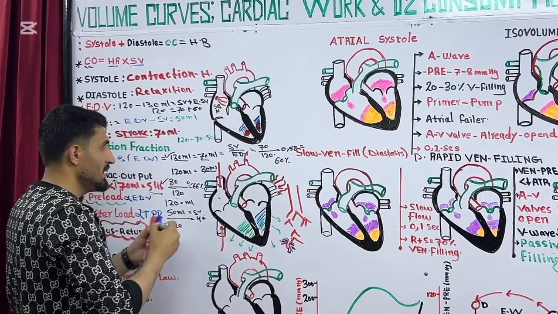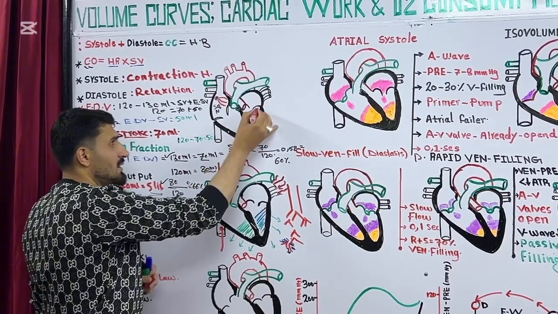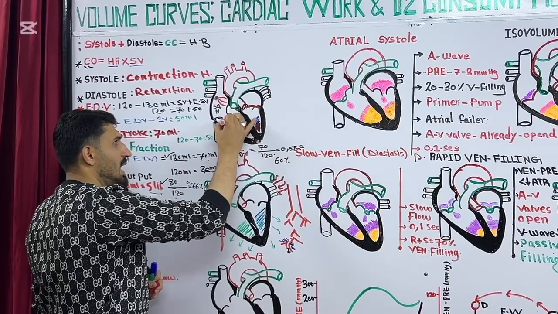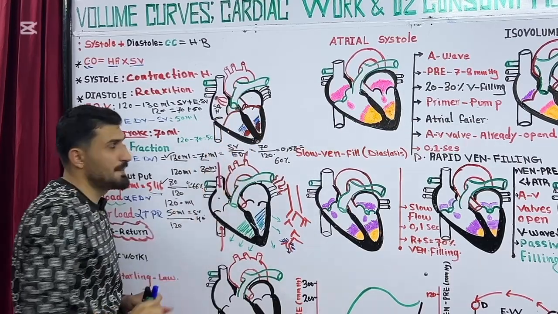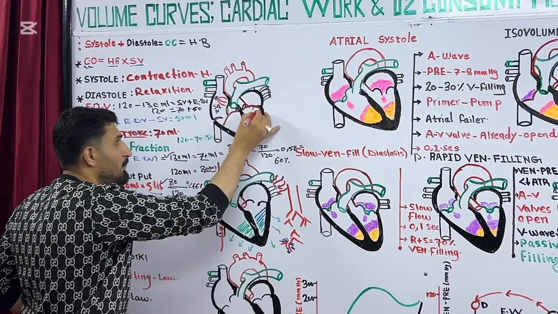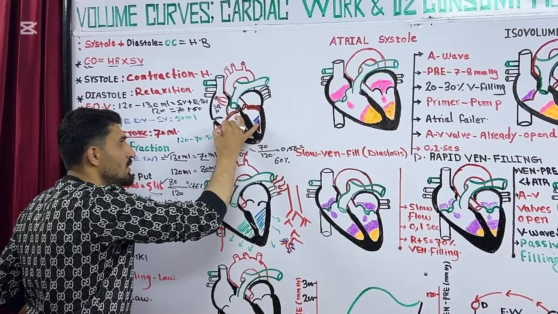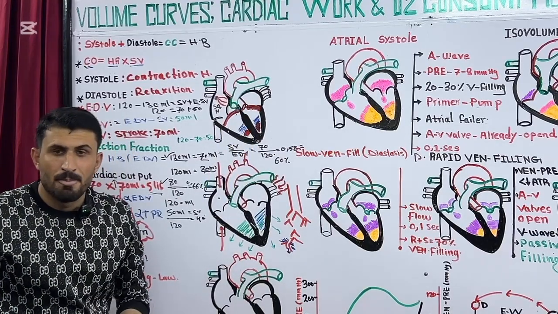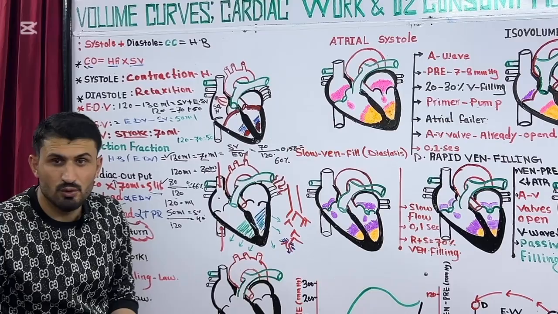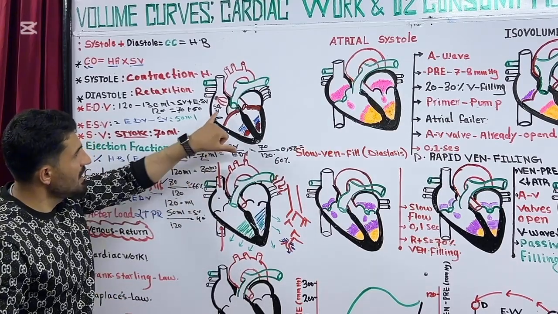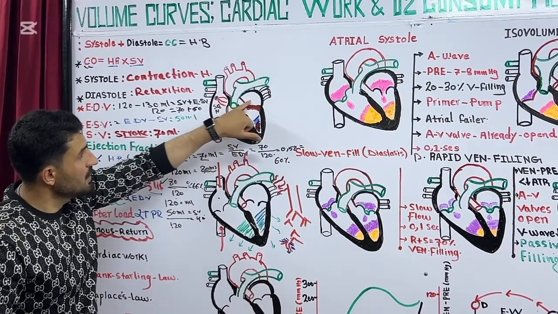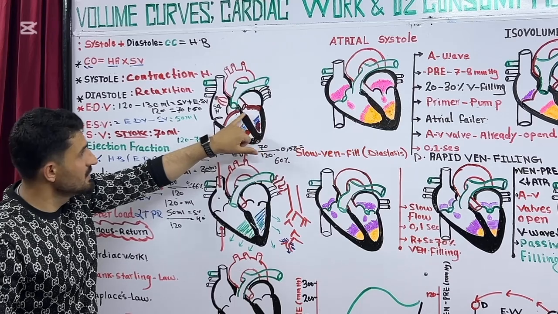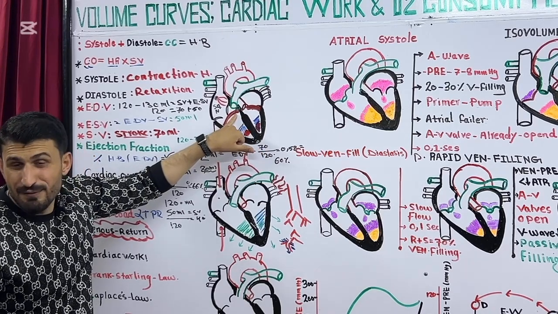Then the atria and ventricles are separated from each other by a connective tissue called the fibrous skeleton. So the only way to transfer the electricity from the atria to the ventricles is the AV node.